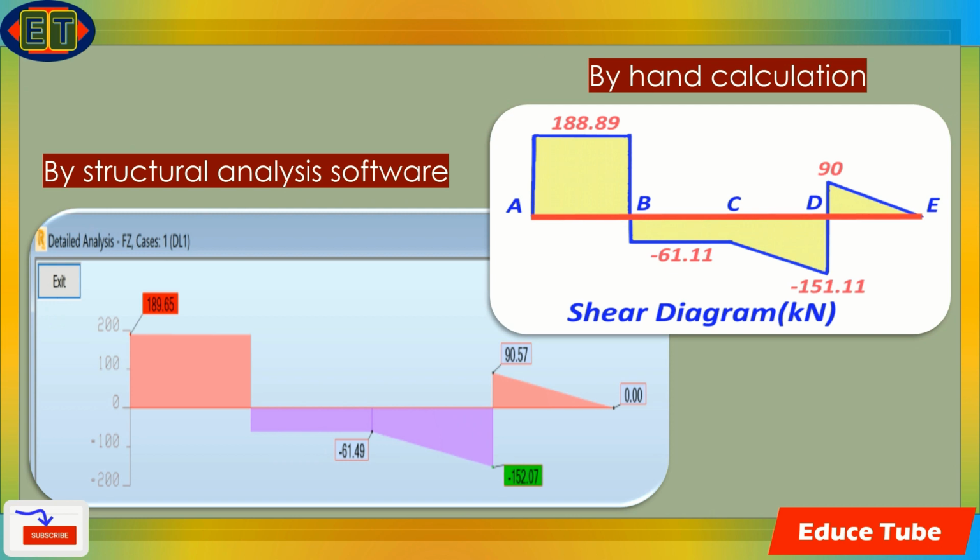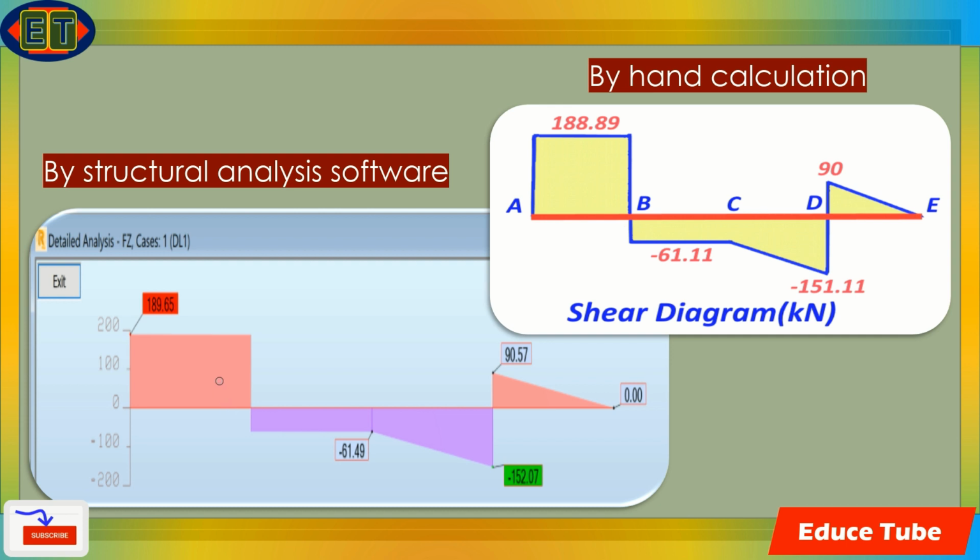So by hand calculations, in all slides we have seen the shear diagram and moment diagram, and I checked all these values doing this structure analysis by software, and I found them very close. 61.11, here 61.49; here 151.11, here I got minus 152.07; here 90.57, here I got 90.